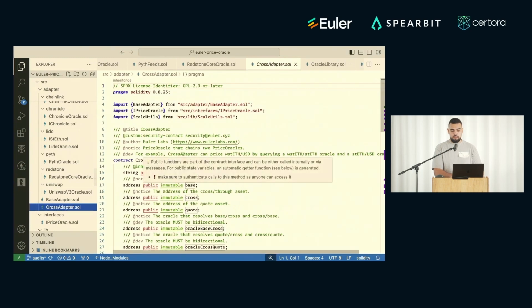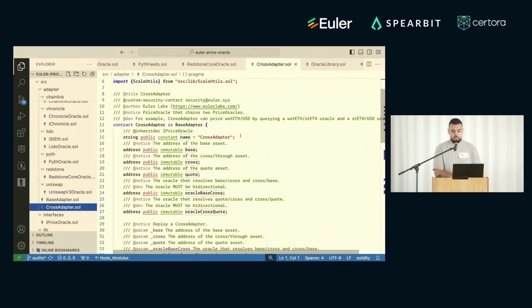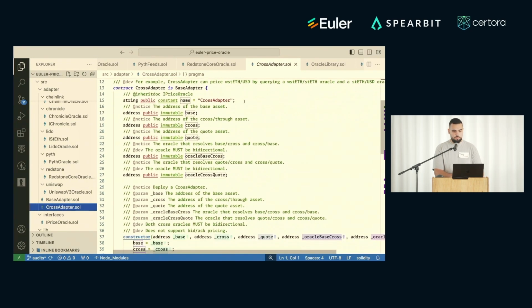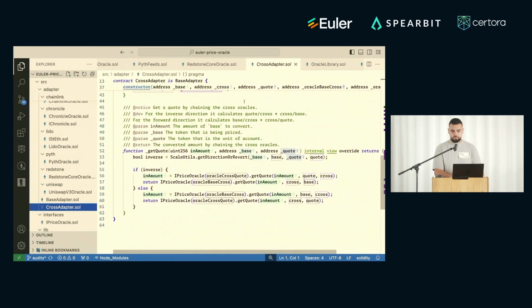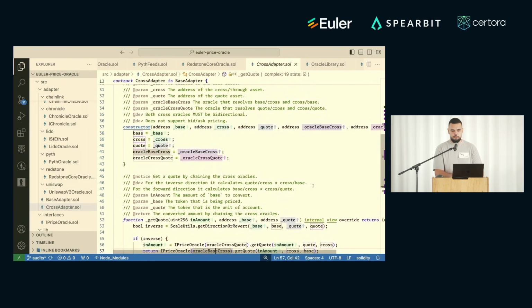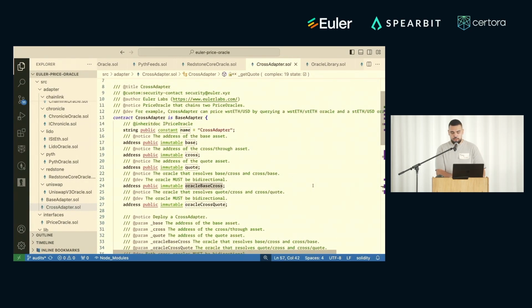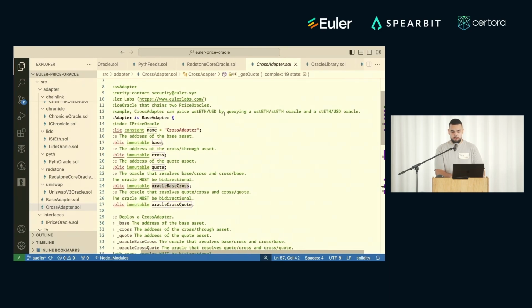One trivial example of that is this cross adapter, which just takes two IPriceOracles and calls them in sequence. And yeah, the canonical example for this is wrapped stETH to USD, right? First you call the Lido exchange rate, and then you call the Chainlink oracle.